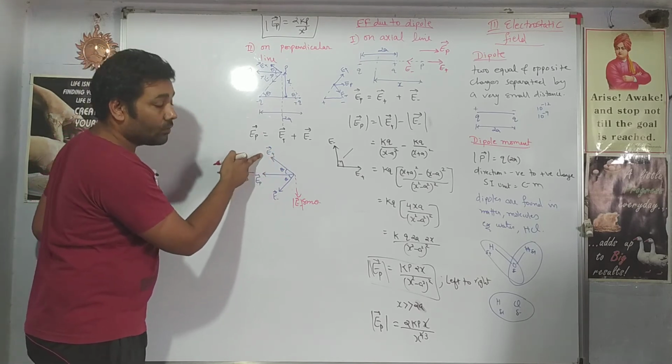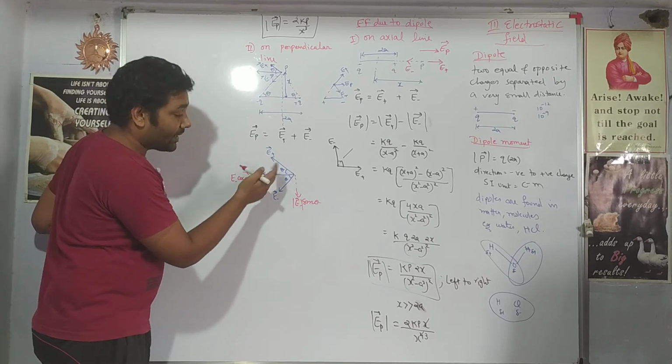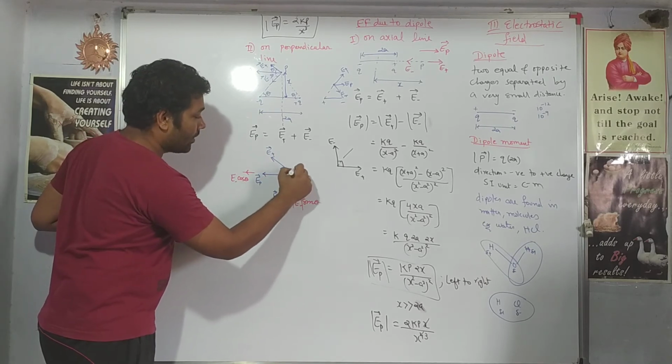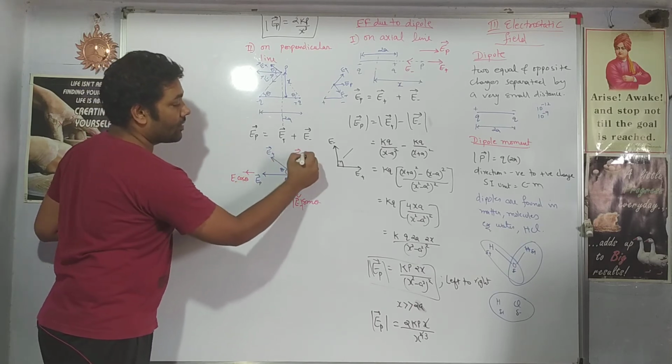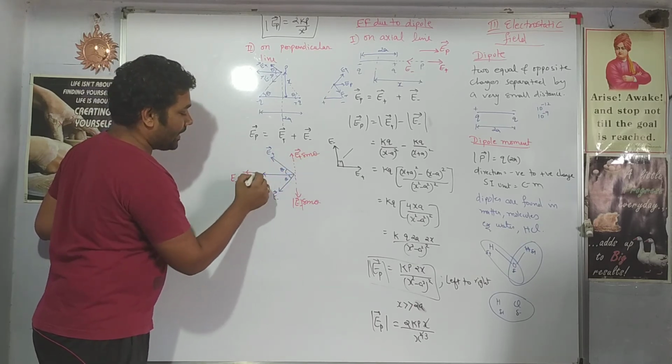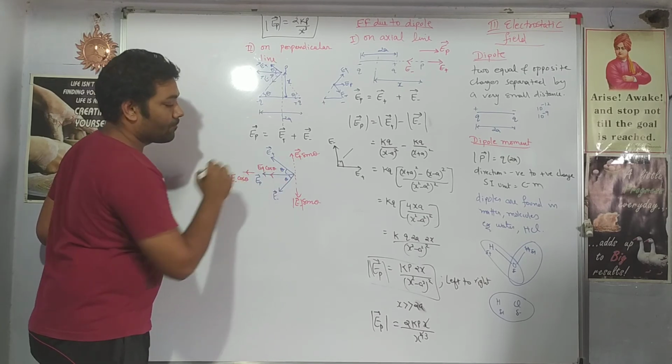Similarly, if we resolve the electric field due to the positive charge into rectangular components, then the electric field due to the positive charge, its sine component, and the electric field due to the positive charge, its cos component.